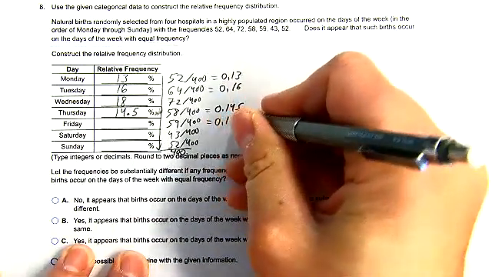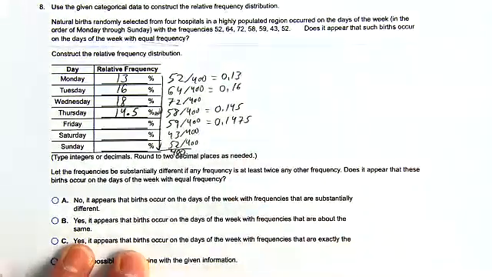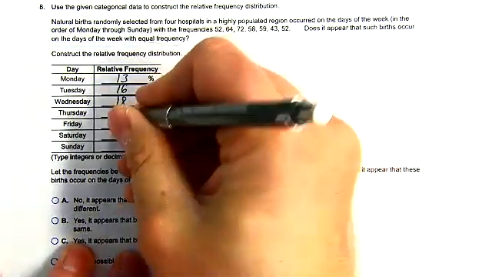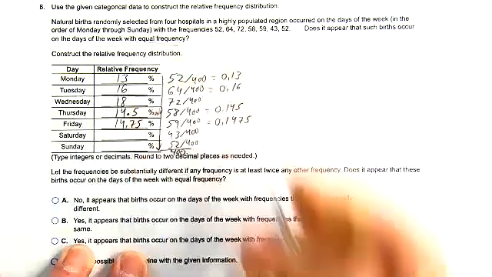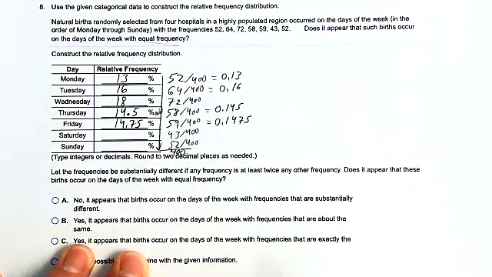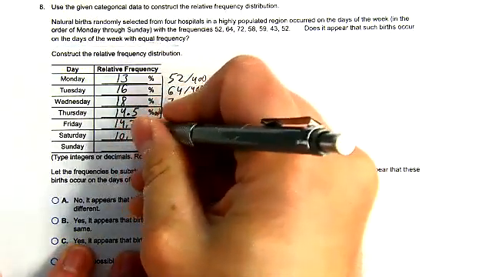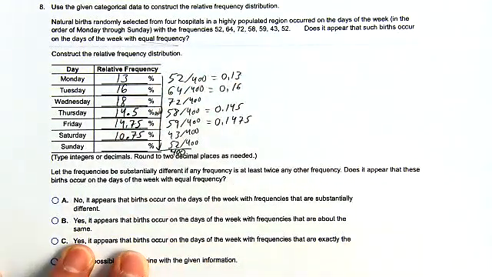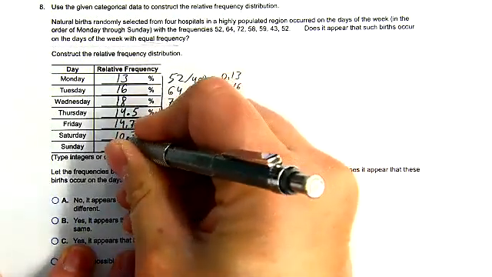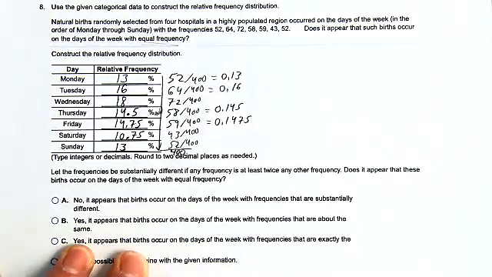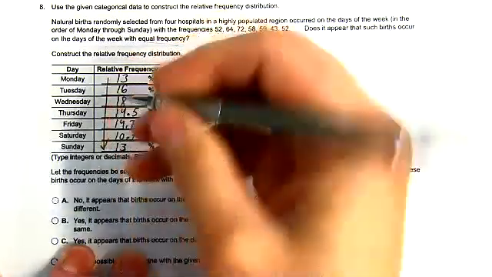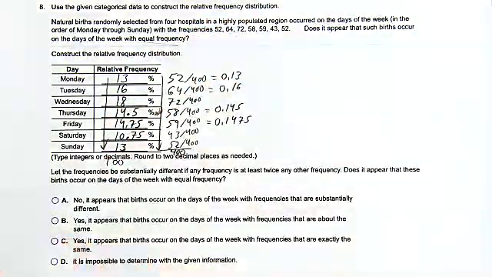It's 0.1475. So you would take that whole thing, 14.75. The next one turns out to be 10.75. And then the last one is another 13%. And again, these should add up to 100. And they do.